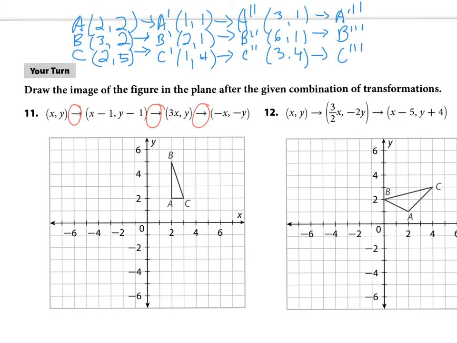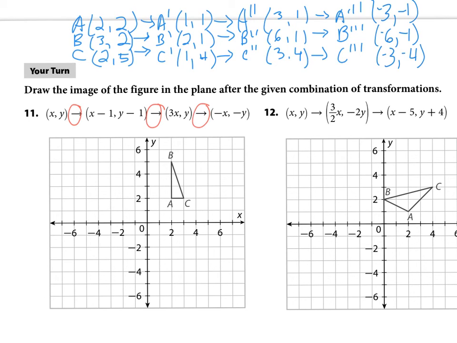Then for the next transformation, we start with A prime, B prime, C prime, and we do the next transformation to get our double prime. So we're doing it in stages, okay? So we've got A triple prime, B triple prime, and C triple prime. And that is finally going to land at making each of those the opposite, negative 3, negative 1, negative 6, negative 1, and negative 3, negative 4.